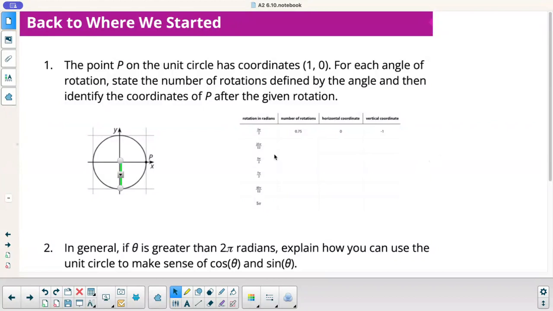All right, next one, 25 pi over 12. So remember, this is pi radians. So in other words, it's 12 pi over 12. It's like if I took this half circle, cut it into 12 equal slices, and then over here, this is 2 pi. So 2 pi would be like 24 pi over 12.